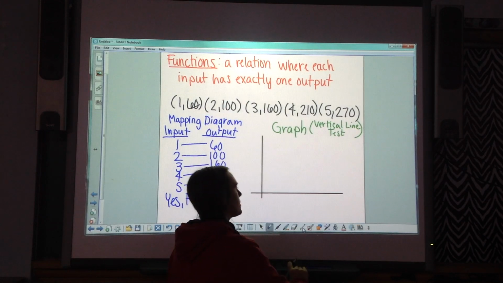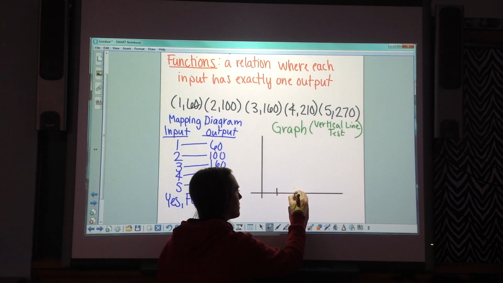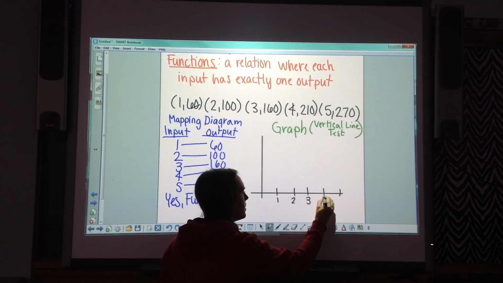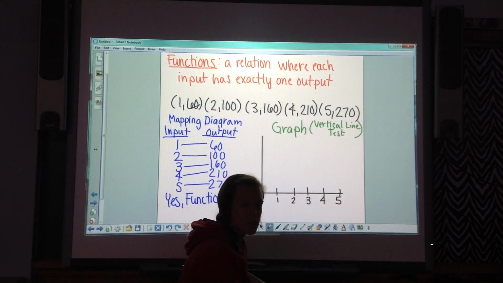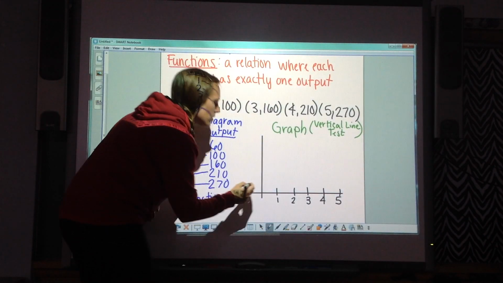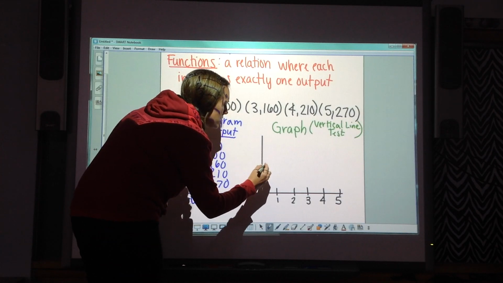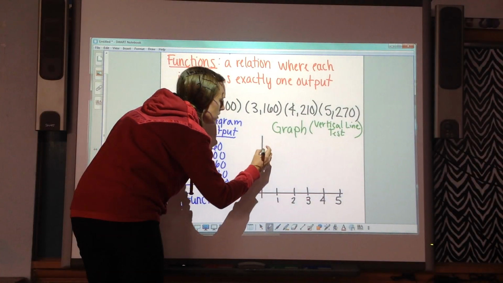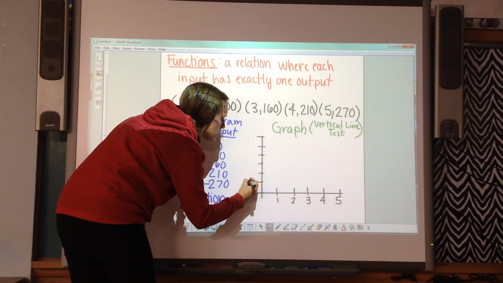My x values are 1 through 5. This would be easier to do if you were using graph paper. That's your choice. I'm going to go up by 50s for my y coordinates: 50, 100, 150, 200, 250, 300.